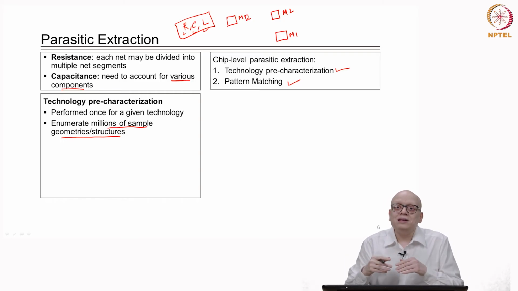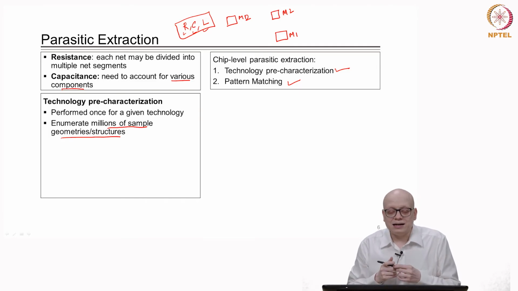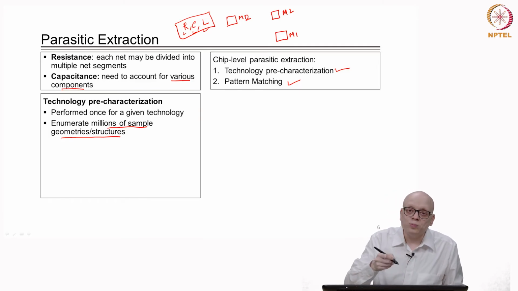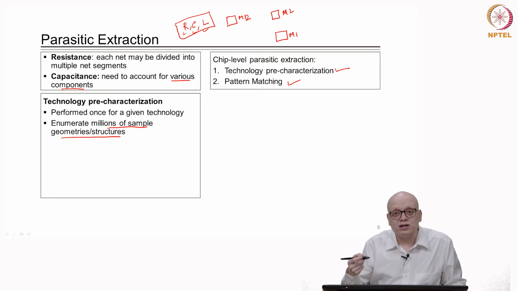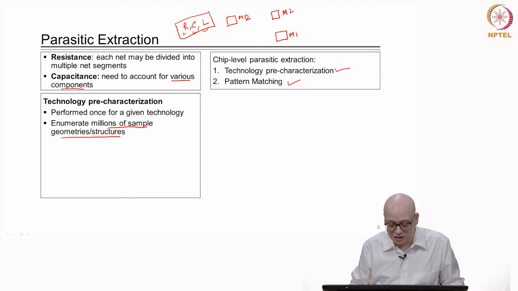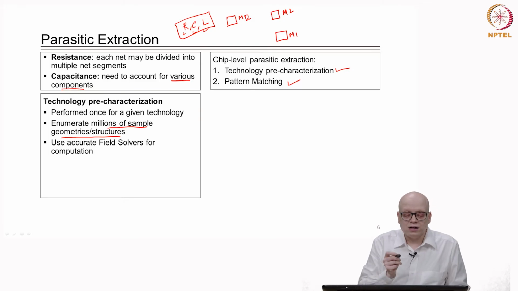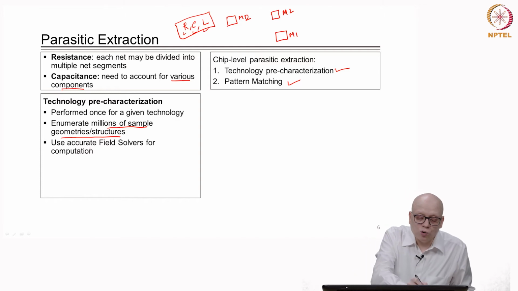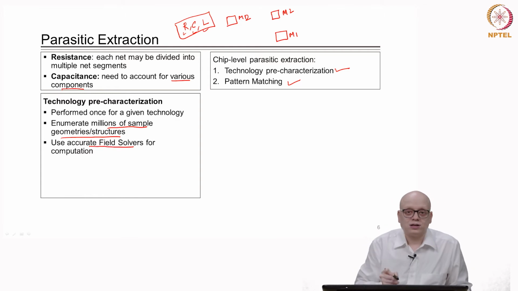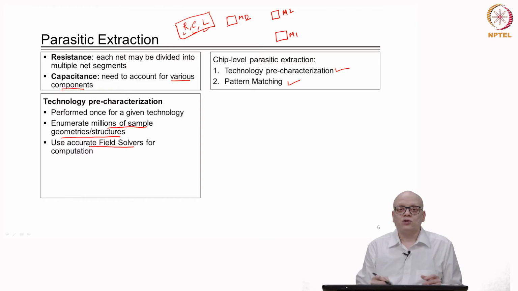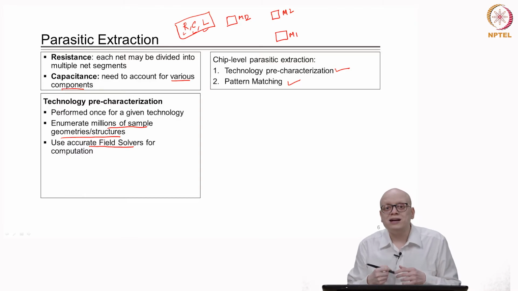Similarly, there can be many such combinations and different kinds of geometries and configurations of the metal layers, and the tool will enumerate them. There can be millions of such combinations, and for each of them the tool will compute the capacitance using more accurate field solvers. Now, what are field solvers? Field solvers do numerical computation.